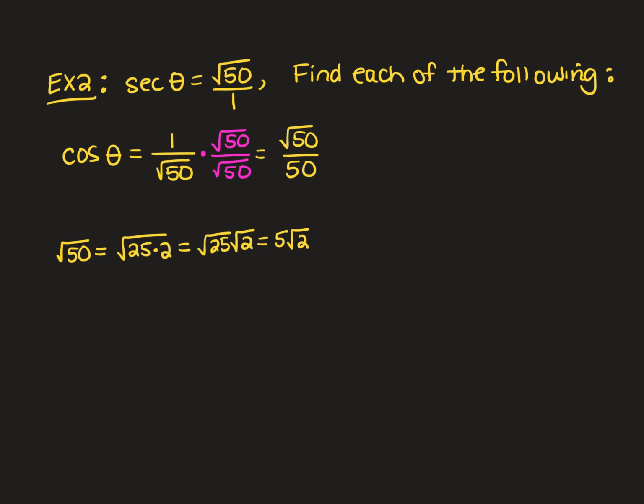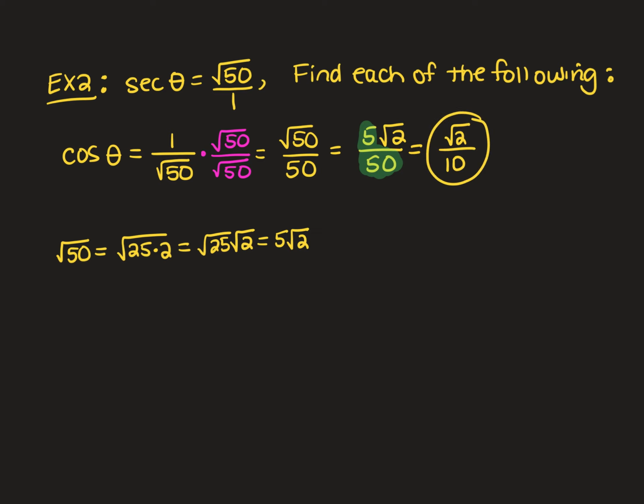So what that means is that I can write the square root of 50 as 5 times the square root of 2. Now that's divided by 50. Now that I've done that, we should be able to simplify it a little bit further. 5 and 50 are outside of the square root, so I can simplify those just a little bit more. So I can make this the square root of 2 over 10. This is our fully simplified answer.